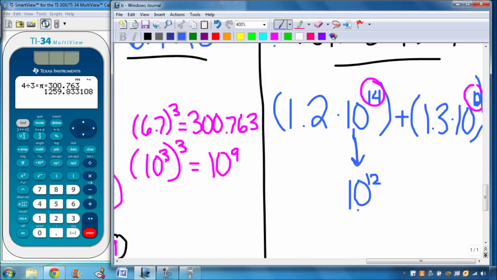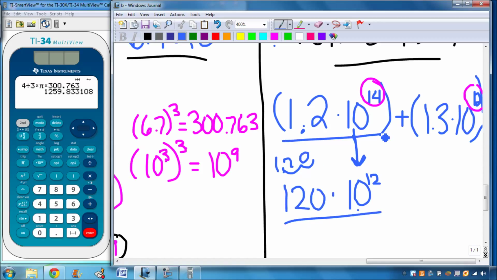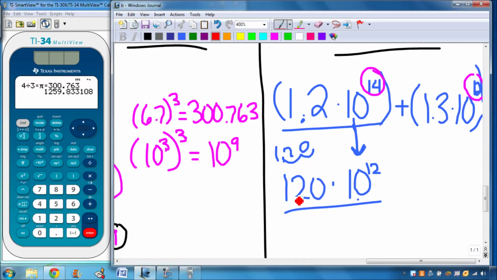So if this gets smaller, that means that I have to move this decimal place over twice. So if I move it over twice, I end up getting 120. This number is equivalent to this number. Remember, if I were to adjust this over twice this way, this would become a 14. Now they have the same exponent. So it's 120 times 10 to the 12th power plus 1.3 times 10 to the 12th power.